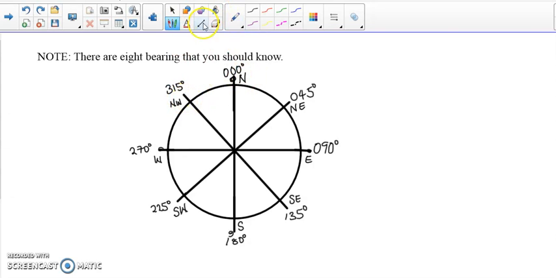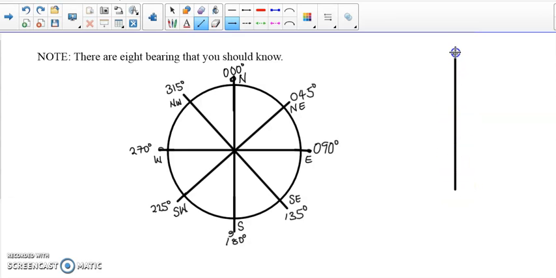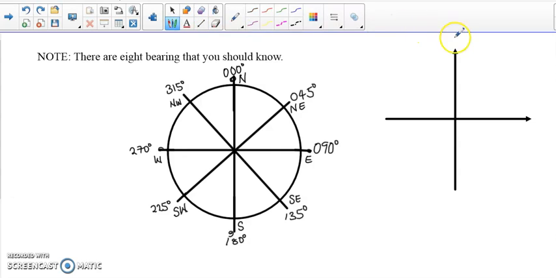Okay, let's look at this. If I have a line, here is the north, while here is the south. This place is the east, while here is the west. Now, this is the north. The starting point is 000. It must be in three figures.